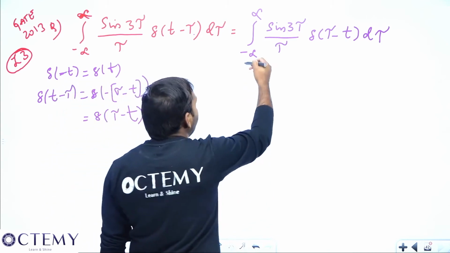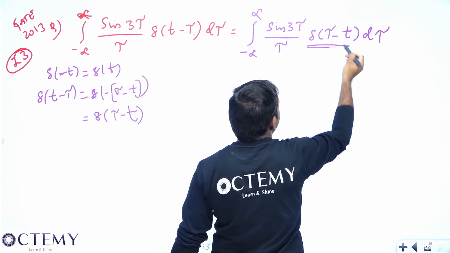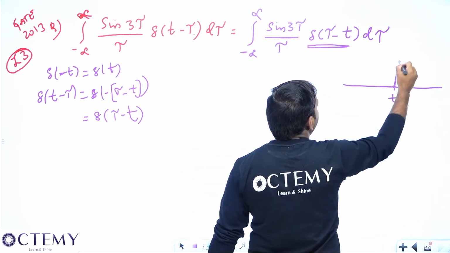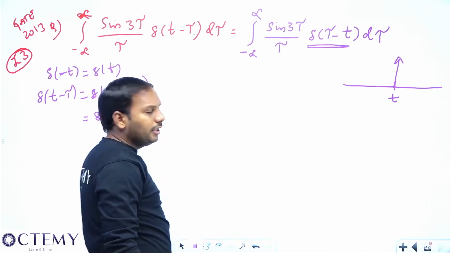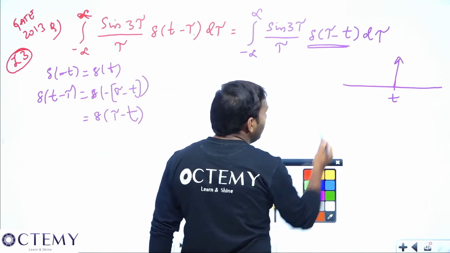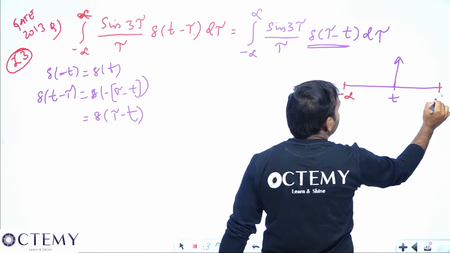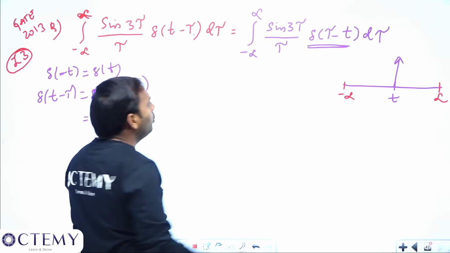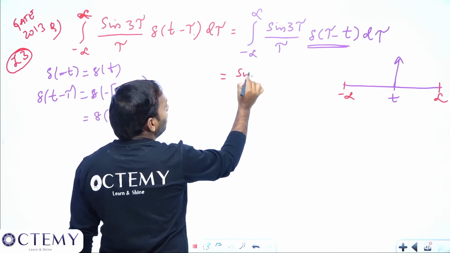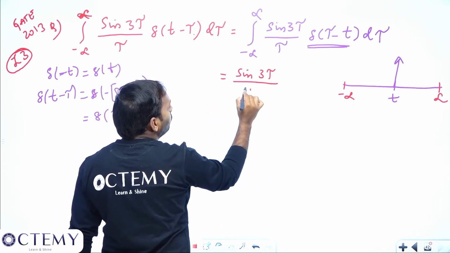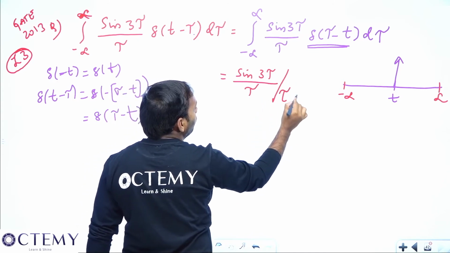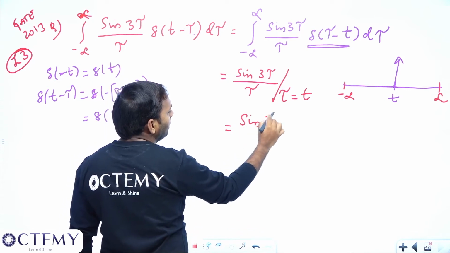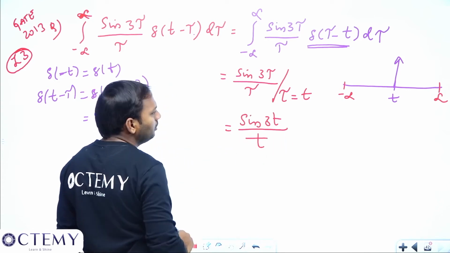However, it is from minus infinite to plus infinite, so at tau equal to t there is an impulse, and this impulse is including the limits from minus infinite to plus infinite. Okay, so no issues, the answer is simply sin 3 tau divided by tau, evaluated at tau equal to t. So the answer is sin 3t divided by t.